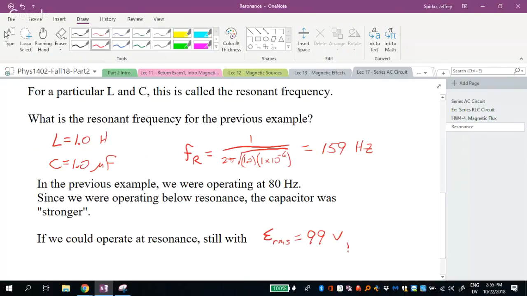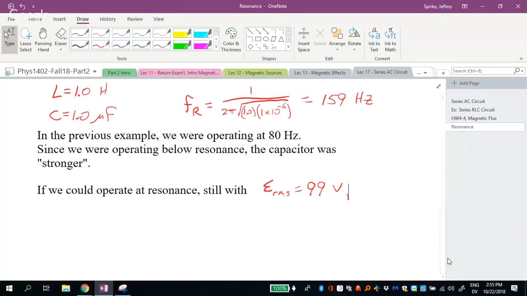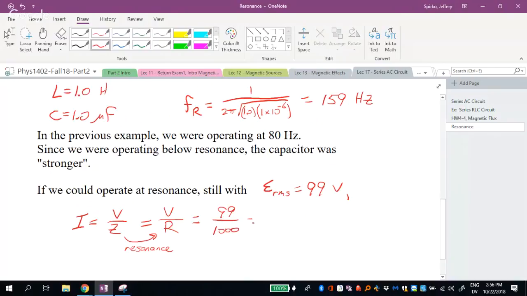So what would happen if we operated at resonance with the same voltage? Then we would have I equals V over Z equals V over R, which is 99 over 1000 equals 0.099 amperes.